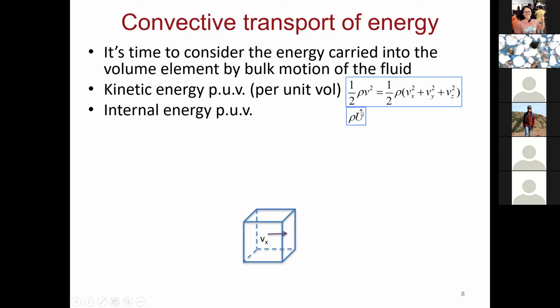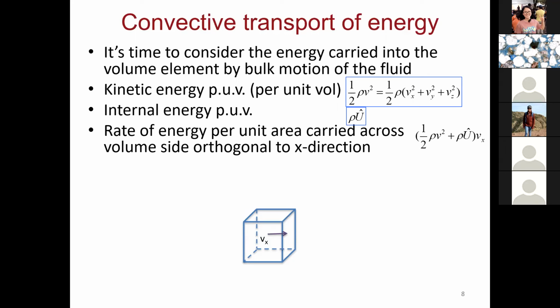And we are using this little U hat for normalized internal energy. So basically, the rate of energy per unit area that is carried across in this X direction is the energy of that fluid packet evaluated at the side crossing, and it's crossing with this velocity.